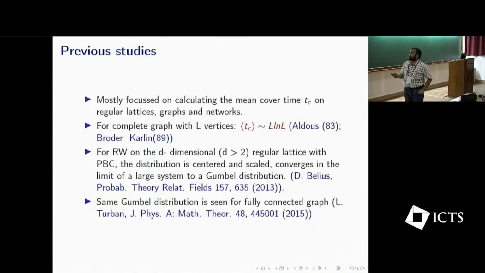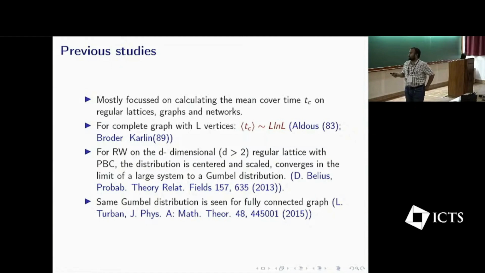There are some previous studies which give the mean cover time for lattice graphs and networks; for a complete graph with L vertices it is L log L. This is the paper. Similarly, for different distributions, for a d-dimensional regular lattice where d is greater than 2, with periodic boundary conditions, the scaled cover time converges to a Gumbel distribution.